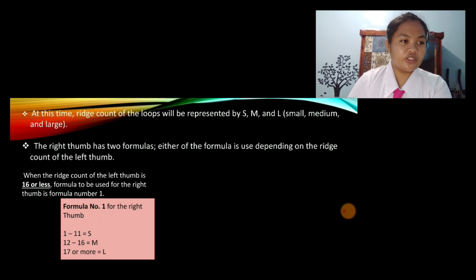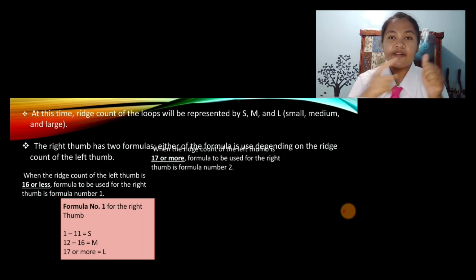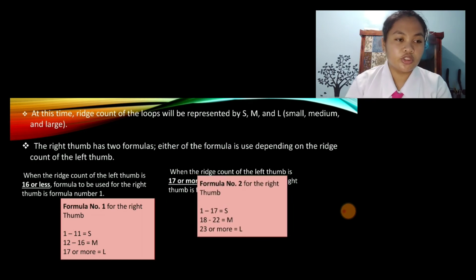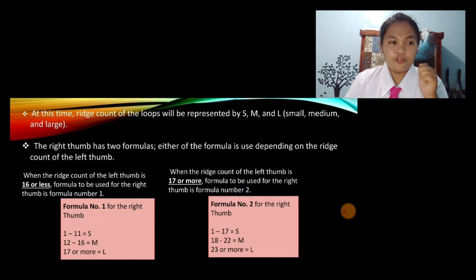The right thumb has two formulas, depending on the ridge count of the left thumb. So when the ridge count of the left thumb is 16 or less, formula number 1 will be used, and when the ridge count of the left is 17 or more, formula number 2 will be used.